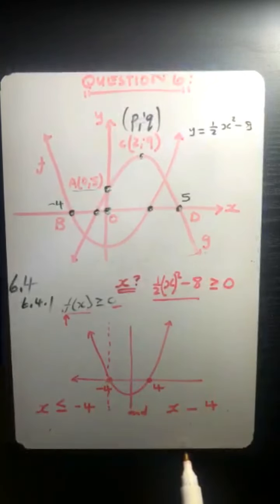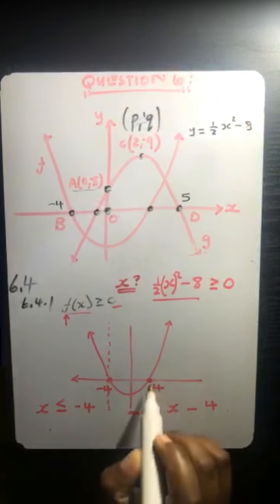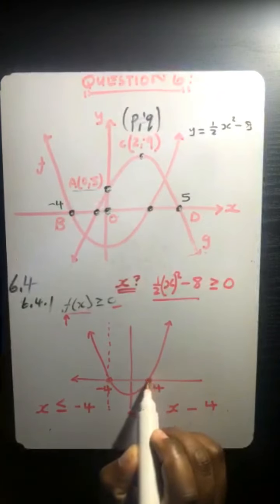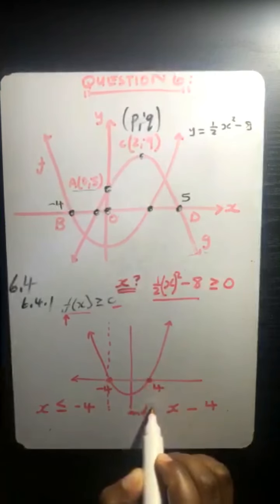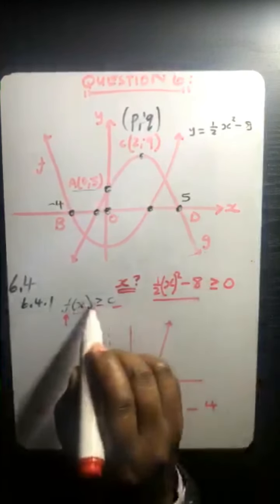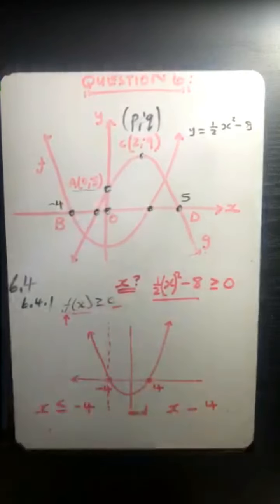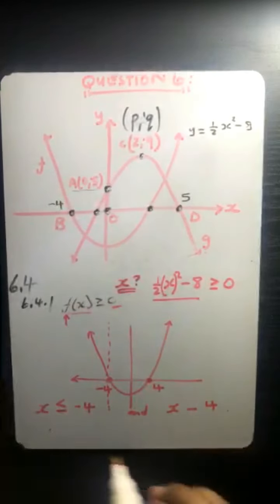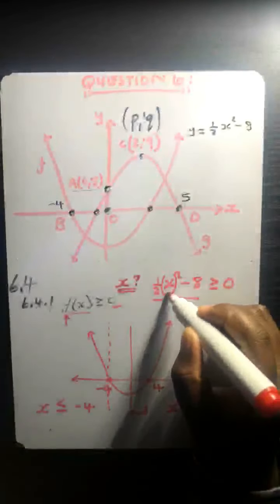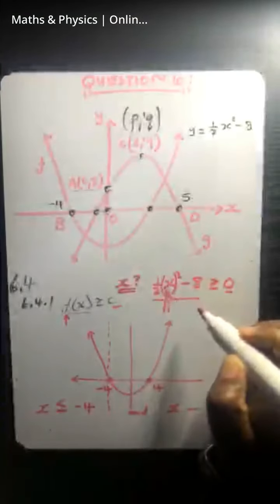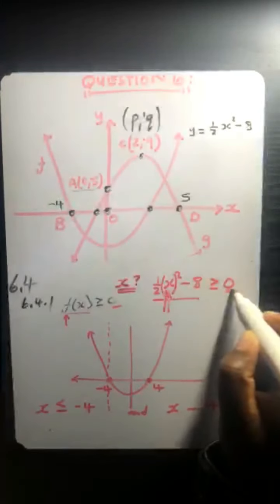You also do the same. Already we know that where x is equal to 4, that's where f of x is equal to 0. So that means when you substitute -4 there, you must get 0. Again, when you substitute +4 there, you must still get 0.